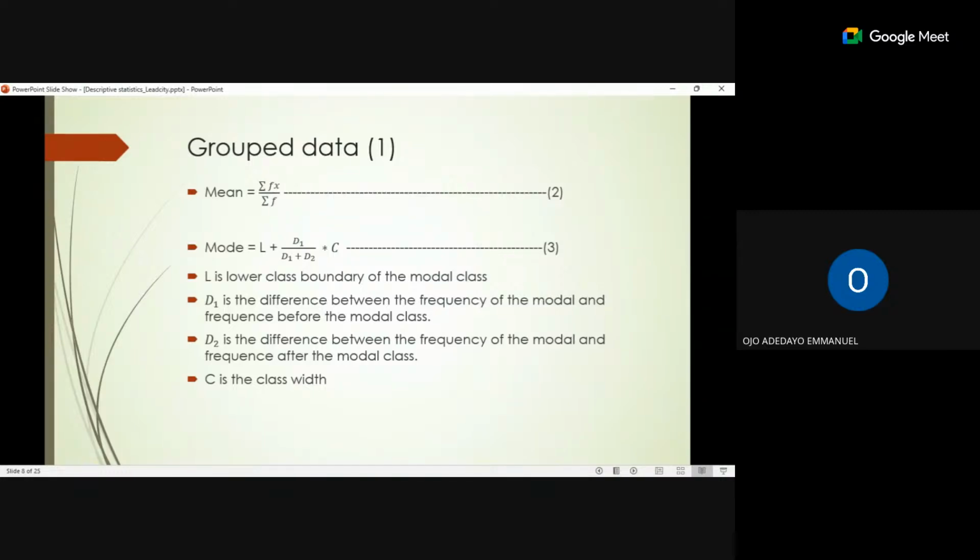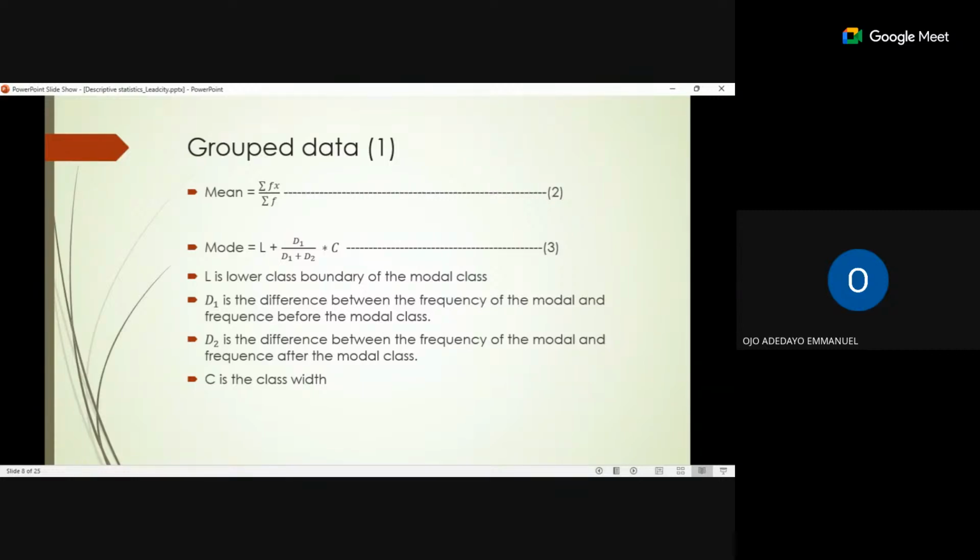So to get D1, you subtract the frequency before the modal class from the frequency of the modal class. Now D2 is the frequency of the modal class minus the frequency that follows the modal class. That is how we get our D2.